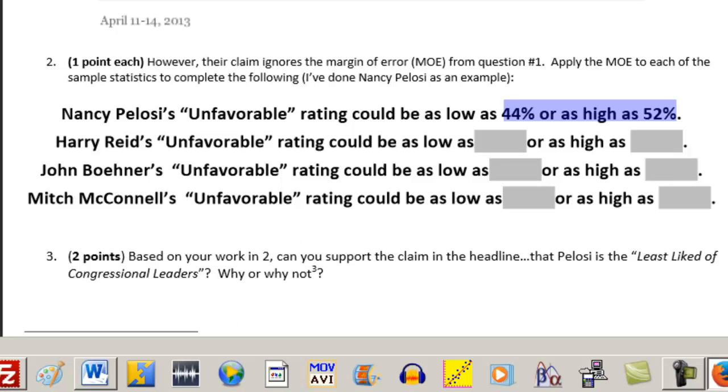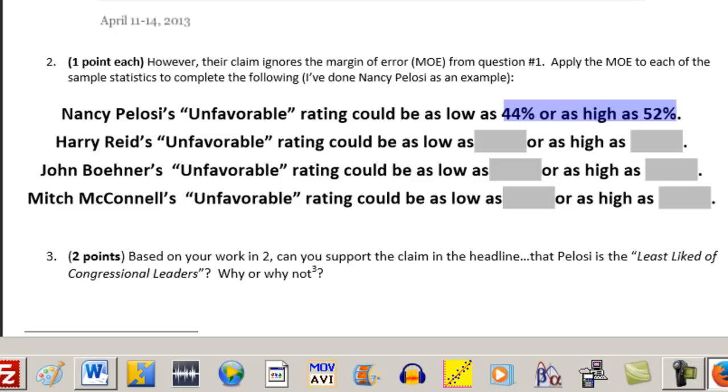Boehner's down here, though, went as low as, let me remind myself again, 37 or as high as 45. Now, the problem with that is his high value, 45, actually is in the range of Pelosi's value here. As a matter of fact, 44 and a half, 44, he's got a few values that are in Pelosi's. So it's impossible to distinguish whether or not Pelosi is the highest.